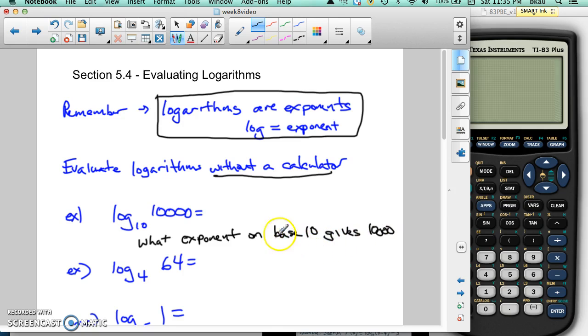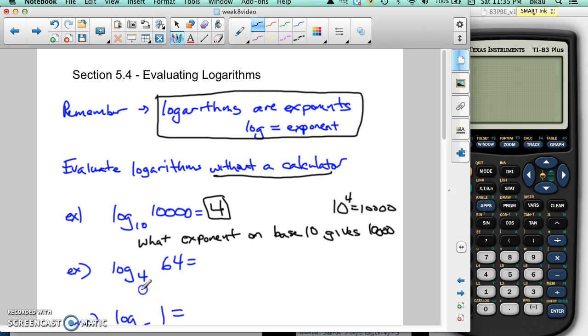So 10 to what power gives 10,000? I think that 10 to the fourth power equals 10,000, so this is going to equal 4. It's the power on 10 that gives us this number.